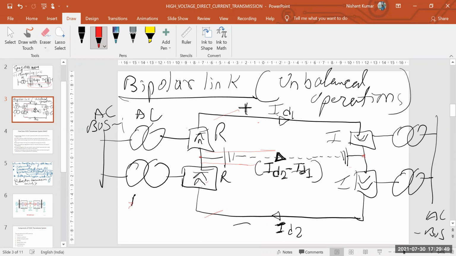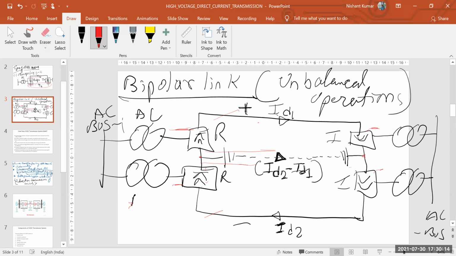You could see this if we count the rectifier or inverter at both ends. So two converters are attached in series at this end, and two converters are attached at this end in series, with equal voltage ratings.